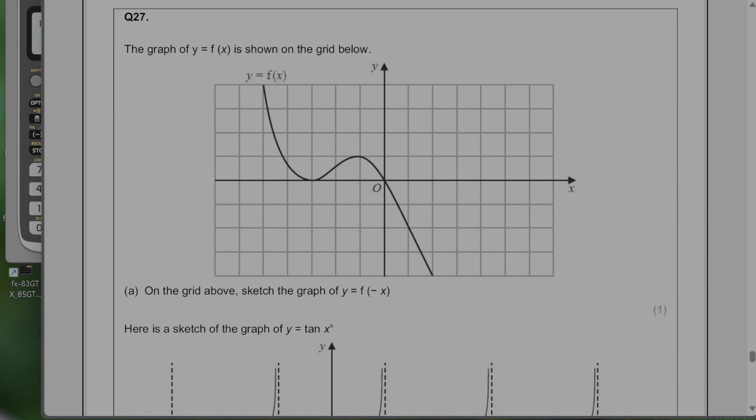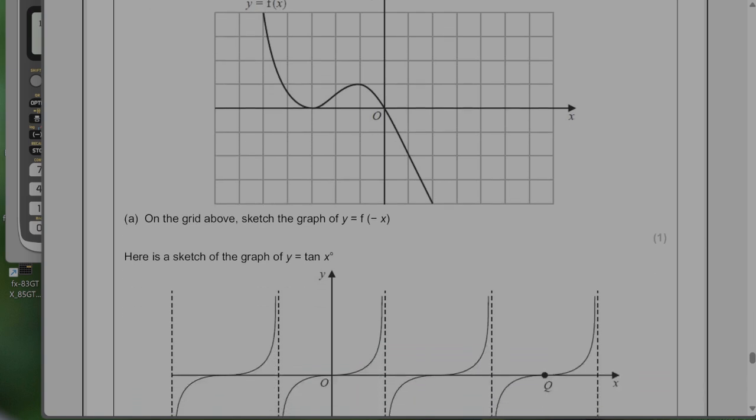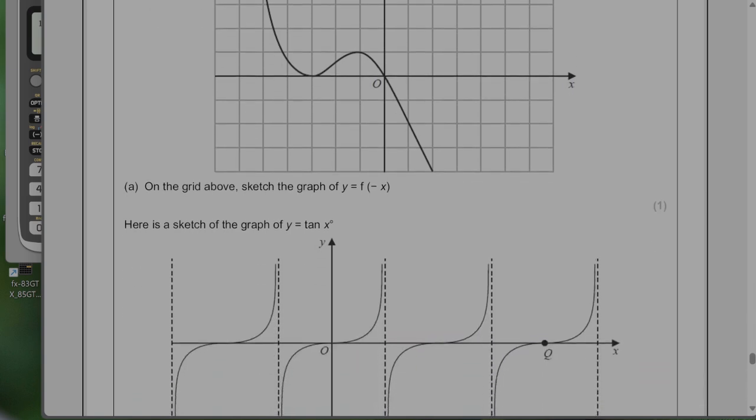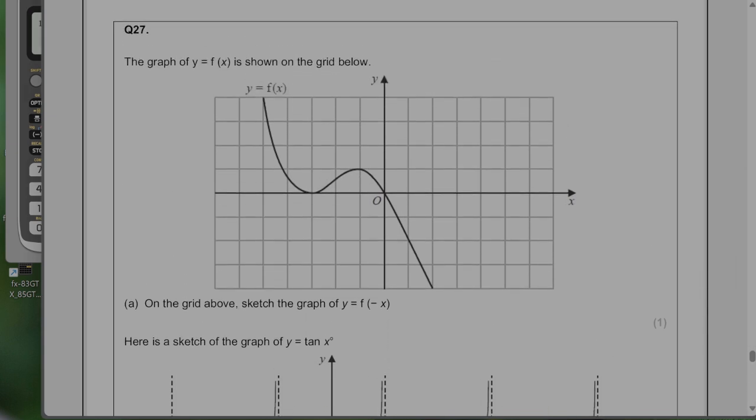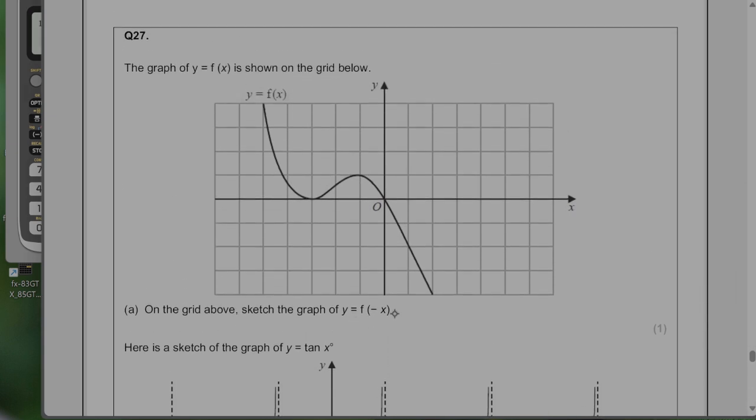Right, question 27. The graph of y is equal to f of x is shown in the grid below. On the grid above, sketch the graph of y is equal to f of minus x. So we touched on this earlier. For f of minus x, all of these x values will be a negative version.